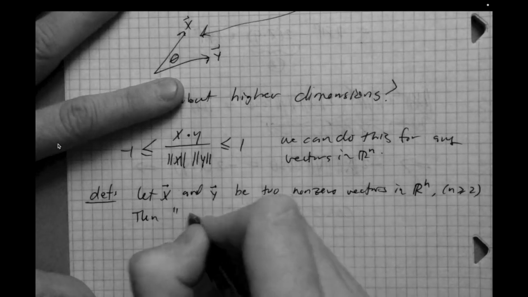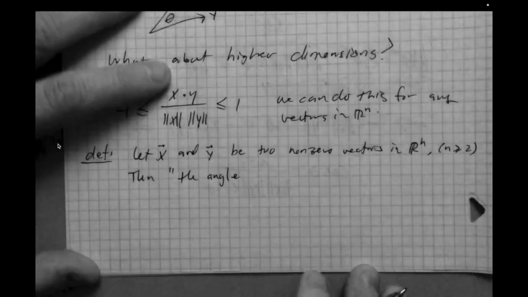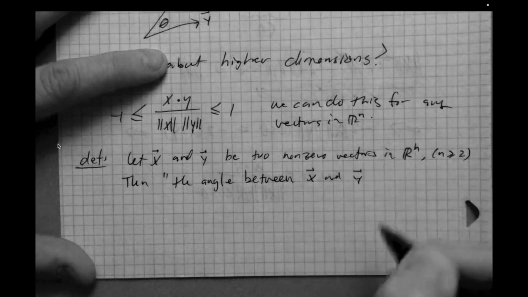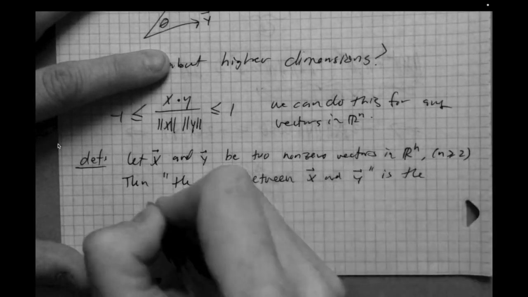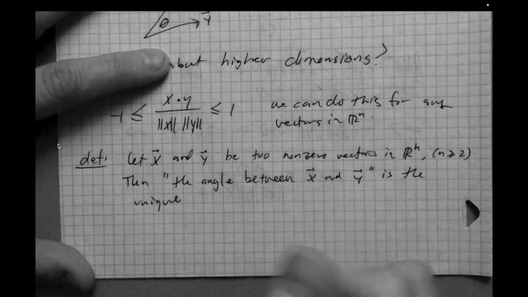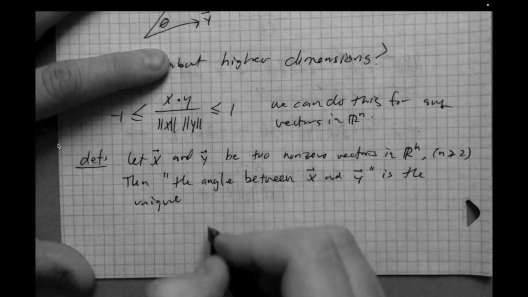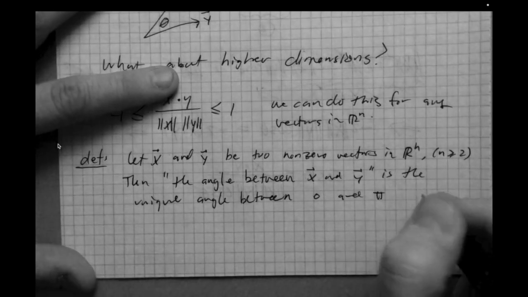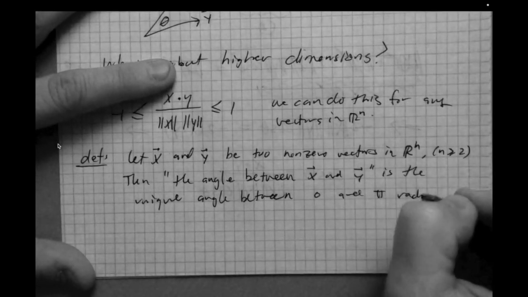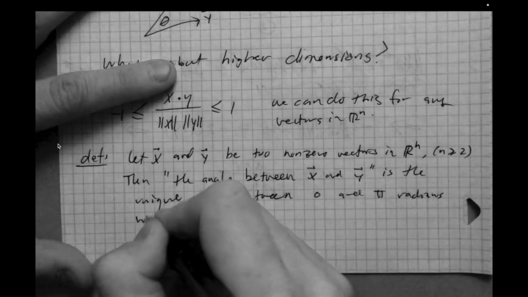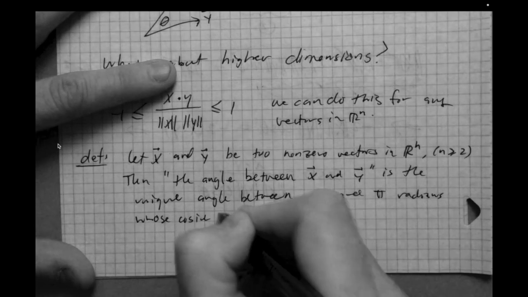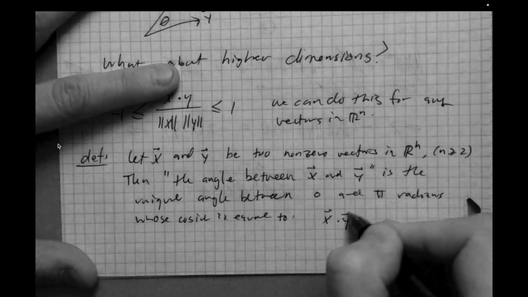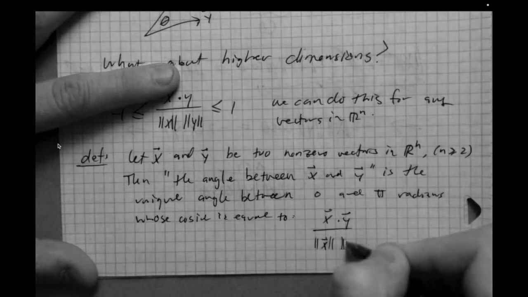Then the angle between x and y is the unique angle between 0 and pi radians, of course, whose cosine is equal to, and here it is, x dot y divided by the norm of x times the norm of y.